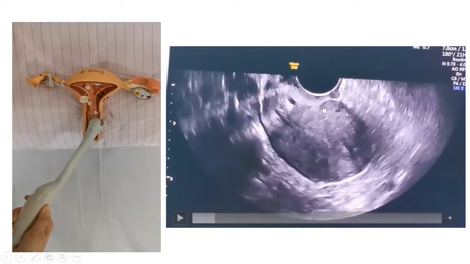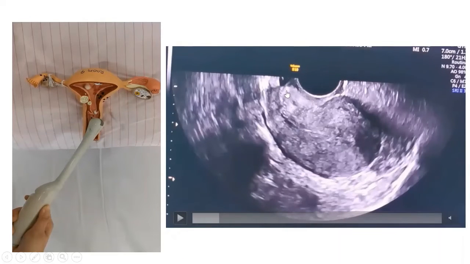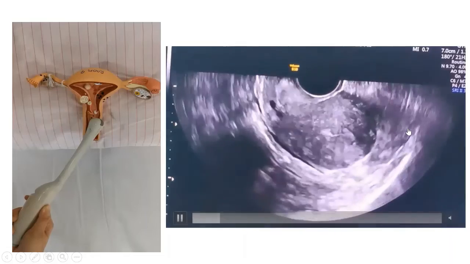You can see some cystic lesion over the lower pole of the uterus. This is actually a Nabothian cyst. First try to align until you can see a nice endometrial thickness. That is the place that you want to measure your ET. The measurement of the ET, Dr. Wu will explain to you later.